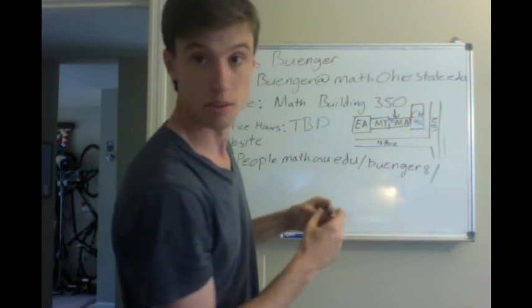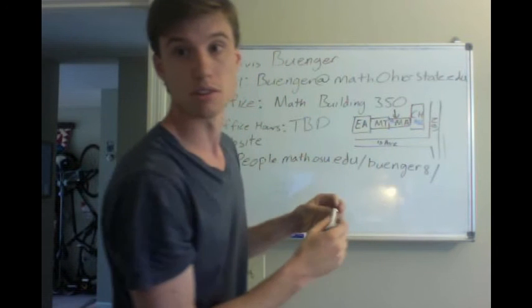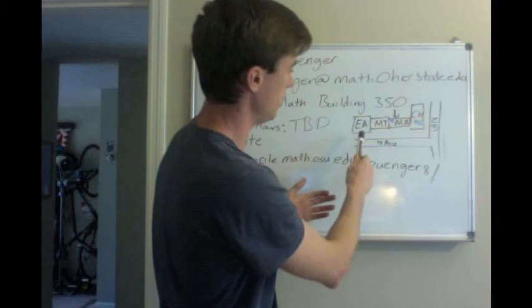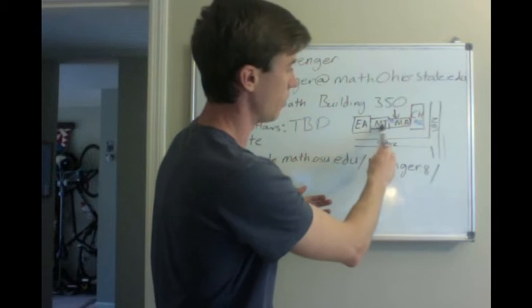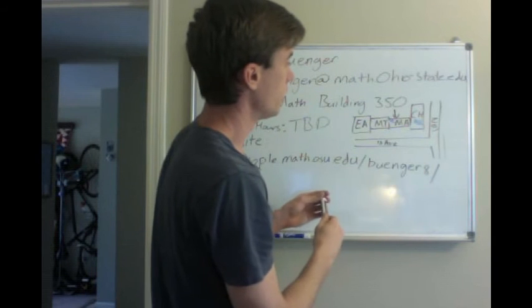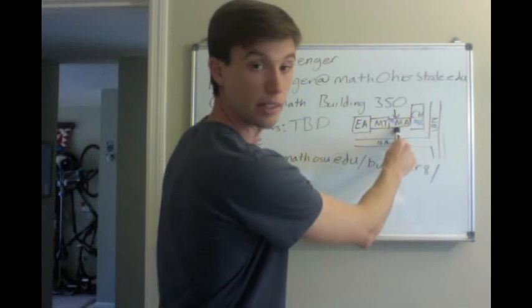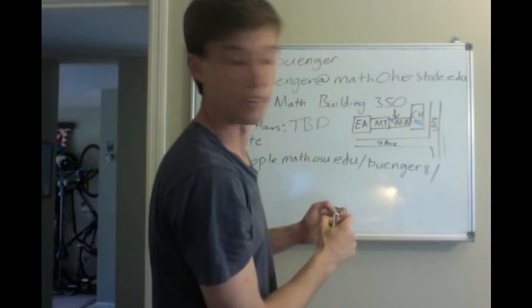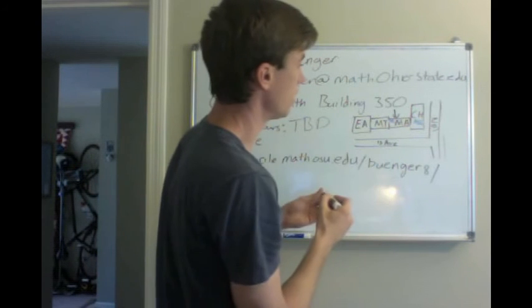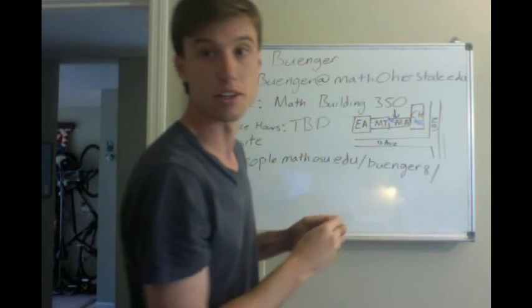But we have four main buildings which constitute the math department. We have the East Annex, the Math Tower, the Math Building, and Calkins Hall. Now, I am in the Math Building, room 350, and you can see I've drawn this little star here to note my location within the building.